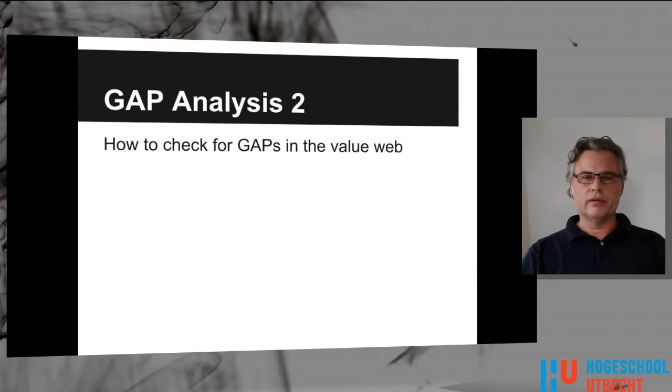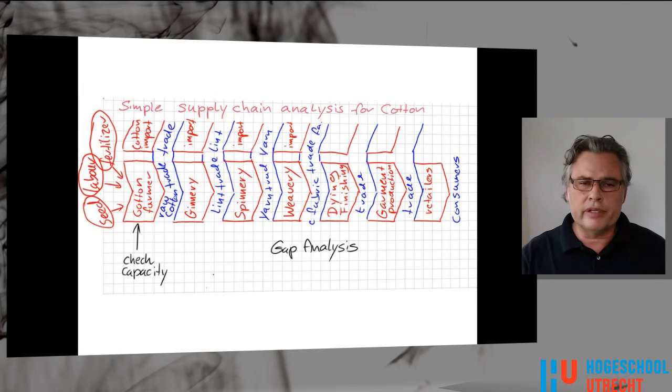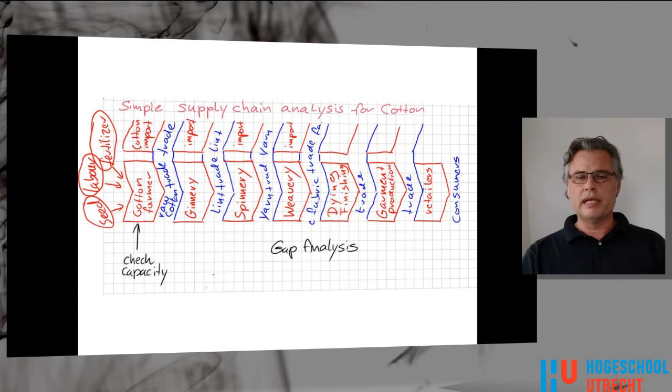When you want to check for gaps in the value web, you can do that as follows. Take your mapped out value web, check capacities of the different stages. Check the theoretical capacity, which is the number of machines and their maximum capacity, or the available land multiplied by the maximum crop yield, and check utilization of that capacity.